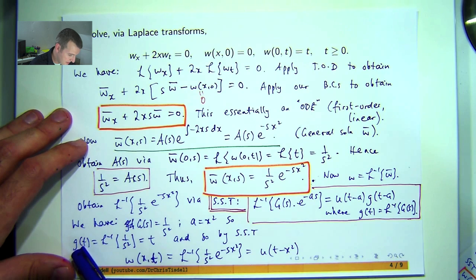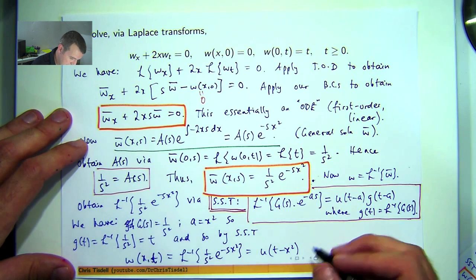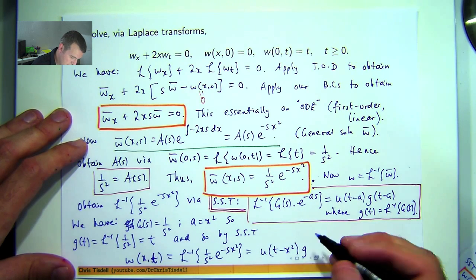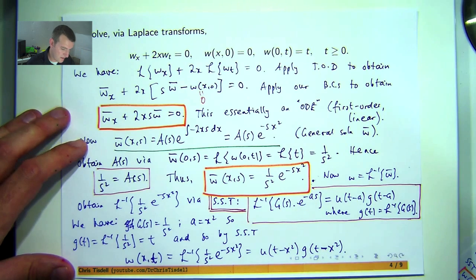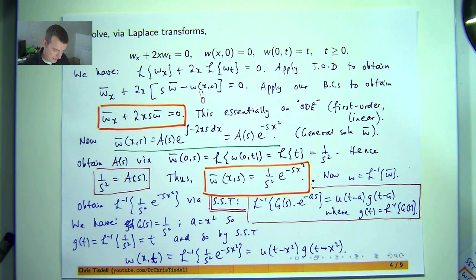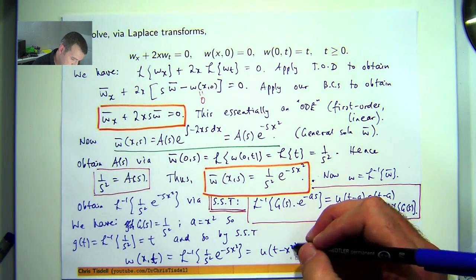So g of t is t, so I replace t with t minus x squared. Okay, so what is this unit step function or Heaviside step function?